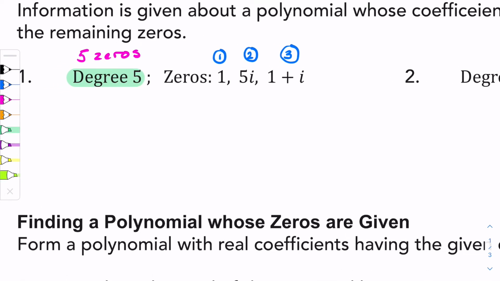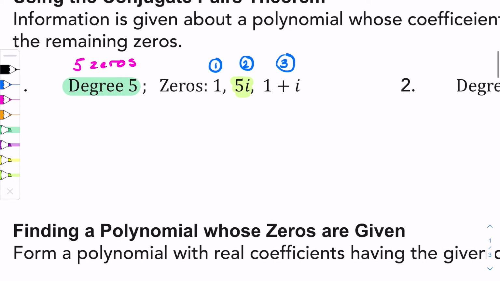Well, anytime you see an imaginary unit, you need to include the conjugate. So even though 5i is a single term, we still have to include the conjugate. This is technically 0 plus 5i, so we need to include 0 minus 5i.